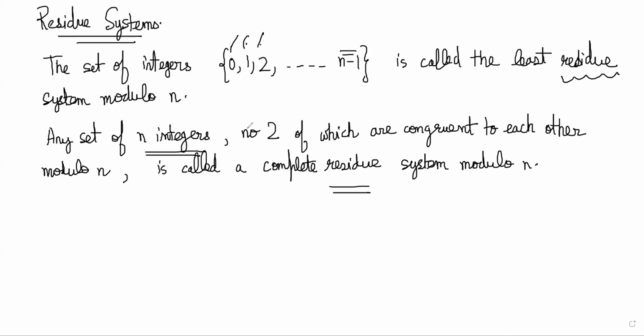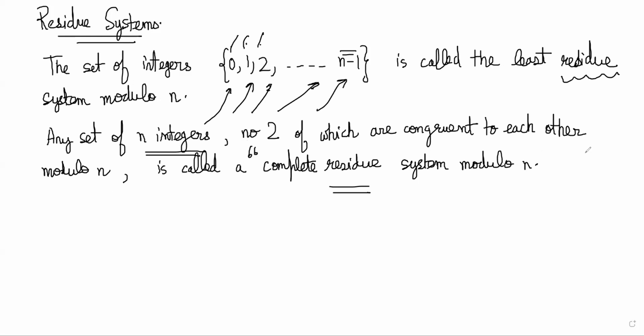Since they have all got different remainders, these remainders must be from this set. These remainders can only be 0, 1, 2, or n minus 1. So there are n possible remainders. Therefore, any set of n integers where none of them are congruent to each other basically make up a complete residue system modulo n.